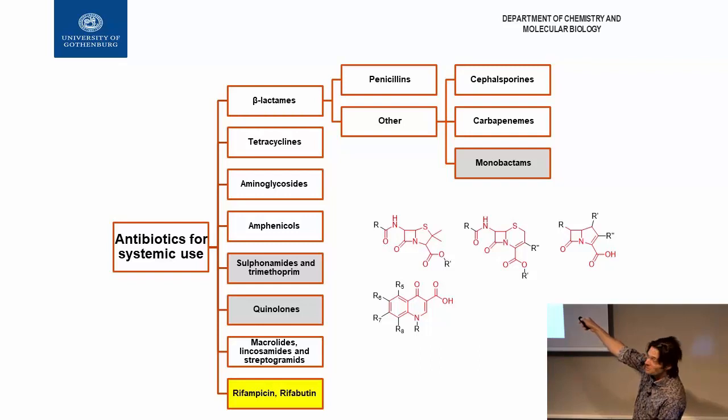And this one you might test out yourself. It's pretty common that if you get a bacterial infection, you go to the doctor, they give you penicillin. So that's a common one. And then in the same class you find a few other ones, cephalosporins and carbapenems, and also this one. Those that are shown in this gray color are the only antibiotics that are synthetic, meaning they're synthesized from scratch in the lab.